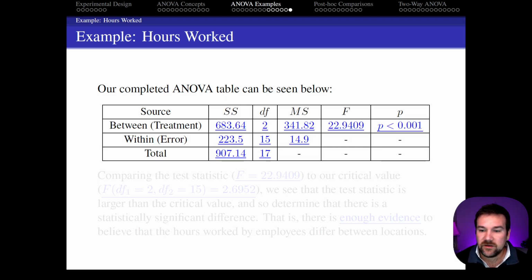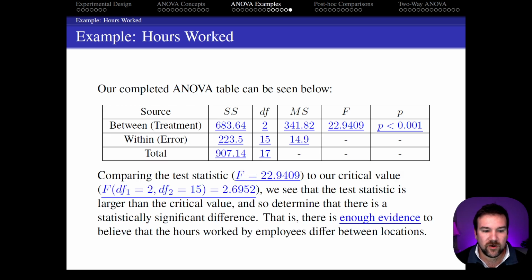So here's my completed ANOVA table, comparing the test statistic, 22.9409 to the critical value of 2.69. This is very significant. This is much higher than that cutoff. So we determine that there is a statistically significant difference. That is, there's enough evidence to determine that there's a statistically significant difference between the average number of hours worked among the different cities.